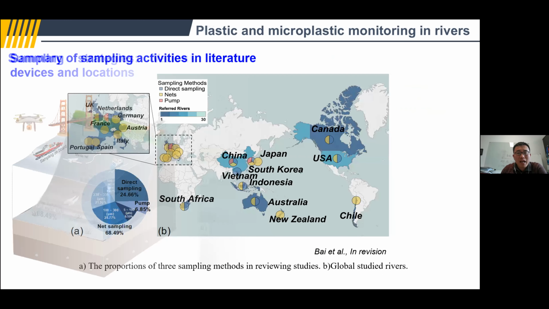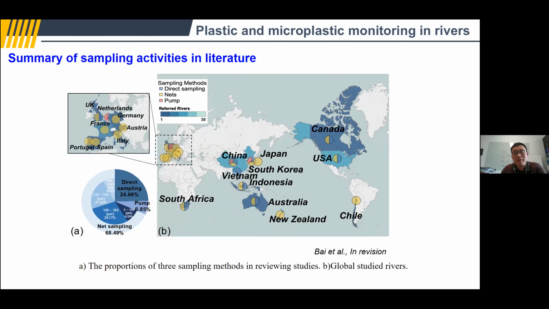So here's the summary of those sampling activities that we reviewed in the literature. From the summary results in the left figure, currently around 70% of the study sampling is using nets for microplastics.